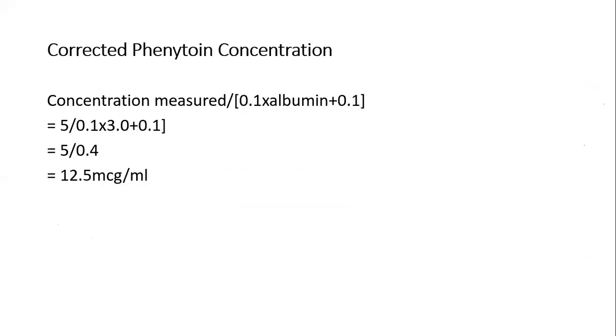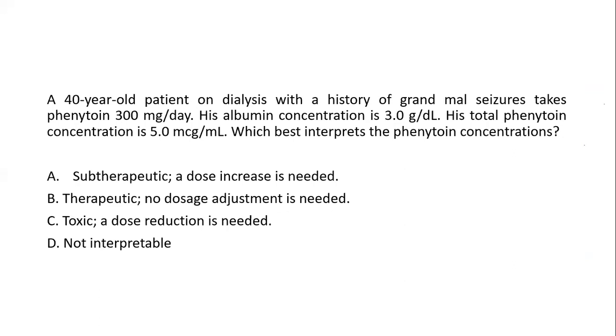And the corrected phenytoin concentration for albumin is usually calculated. So if we have to calculate the corrected phenytoin level for a patient with low albumin, that would answer this case. This patient's total phenytoin concentration is 5, and his albumin is 3.